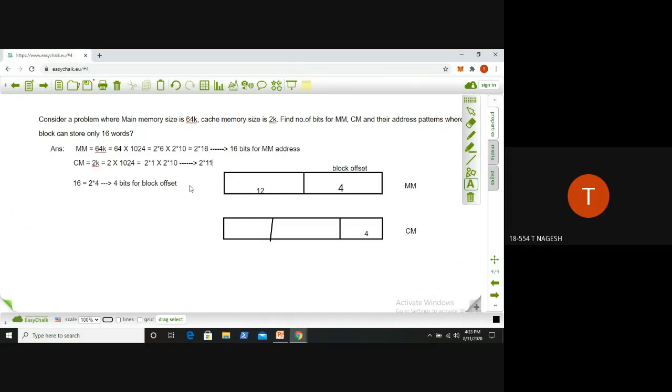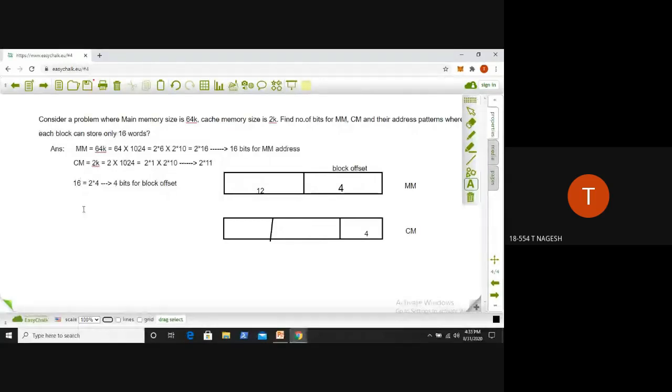So this will be 2 power 11, but we'll not use this entire 2 power 11, right? In the cache memory, we divide the entire memory into several lines.